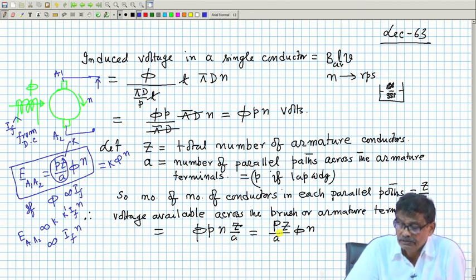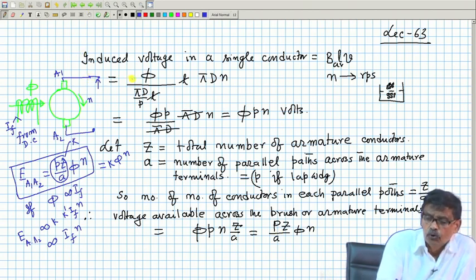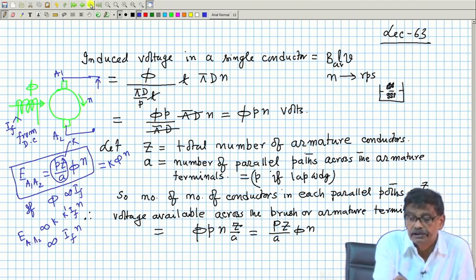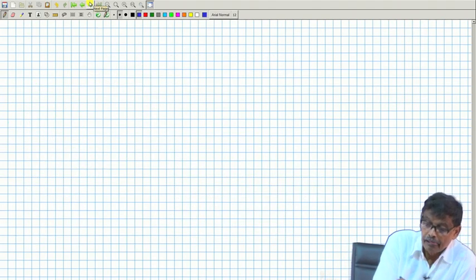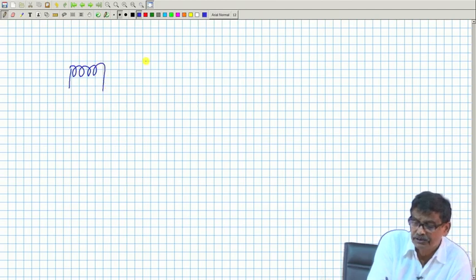Another important formula is there, that is called the expression for torque, electromagnetic torque. If there is no load connected, just try to see what I am trying to tell. This is suppose the field winding. We will now refer to this simplified diagram, okay?